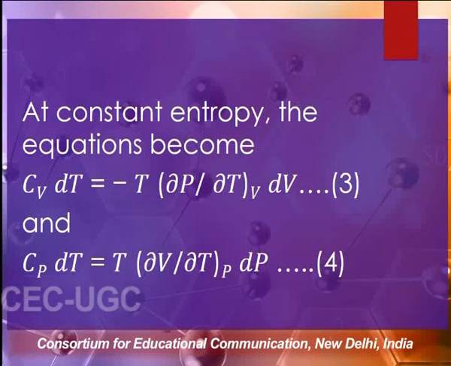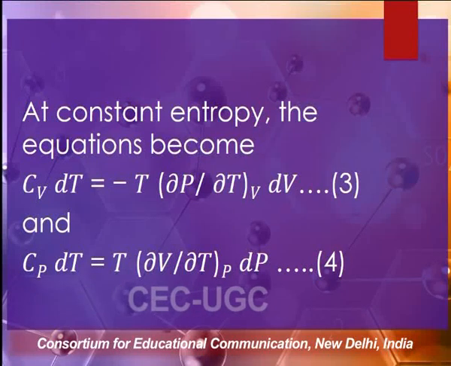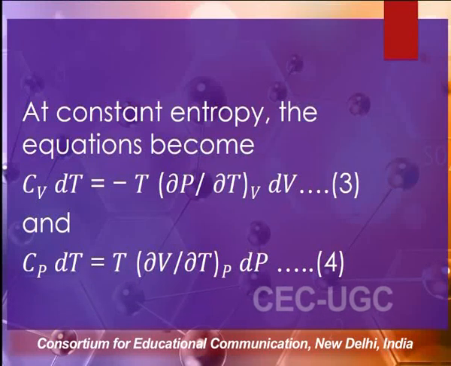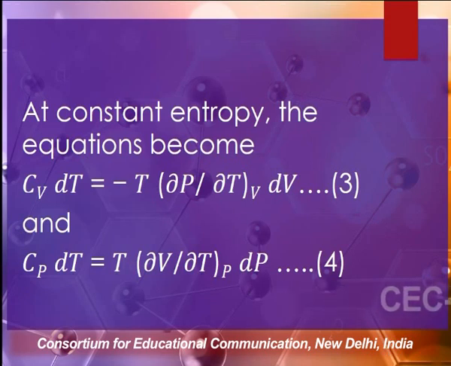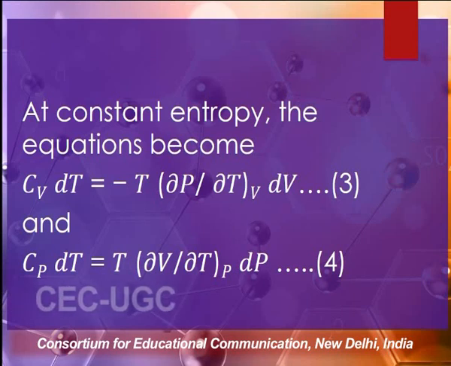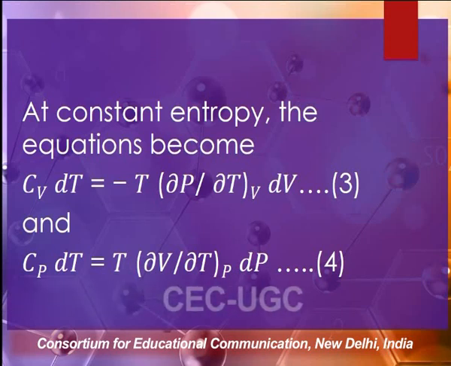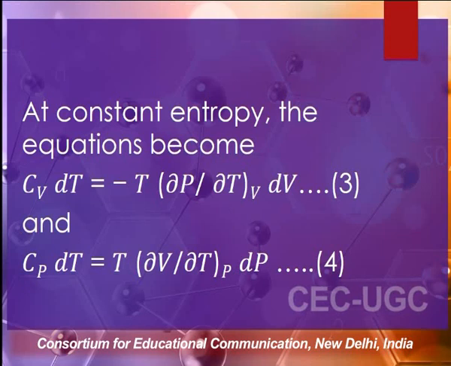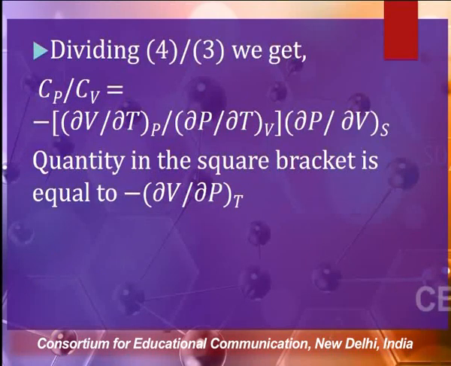If entropy is constant, the two equations would become Cv dT is equal to minus T (∂P/∂T) at constant V dV, and Cp dT is equal to T times (∂V/∂T) at constant pressure into dP. Call these equations 3 and 4.